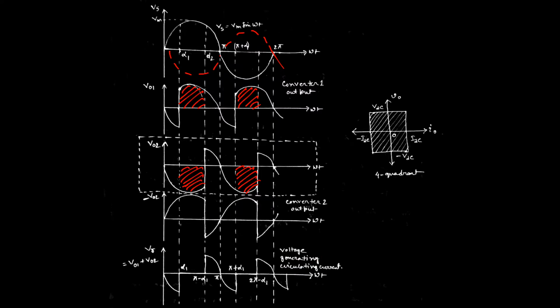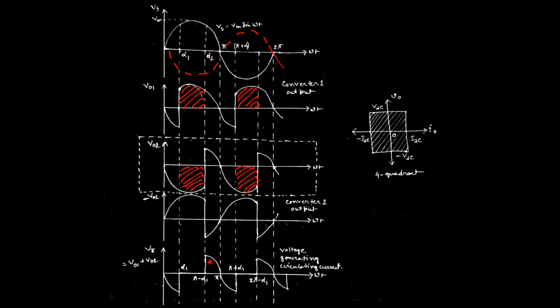Now, the actual instantaneous voltage waveform is defined by this waveform, that is VR equal to VO1 plus VO2, in which one peak has arisen from 0 to alpha 1, but from alpha 1 to pi minus alpha 1, there is no peak. That means in this particular case, converters 1 and 2 are both the same in magnitude and opposite in direction.